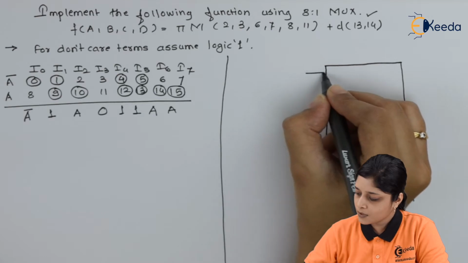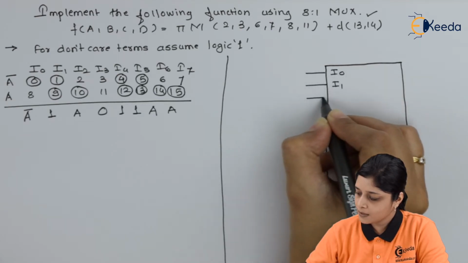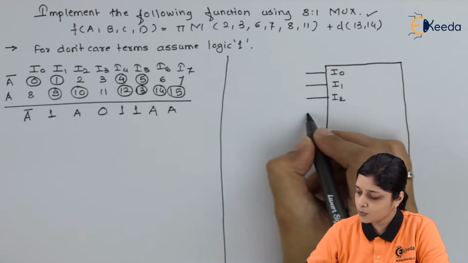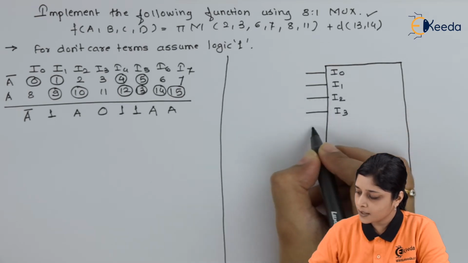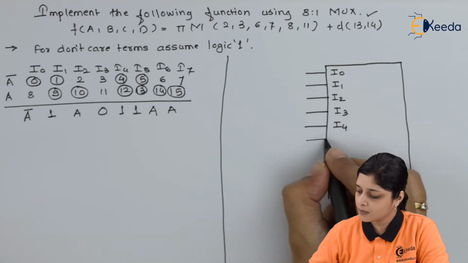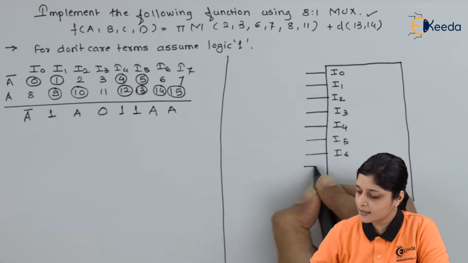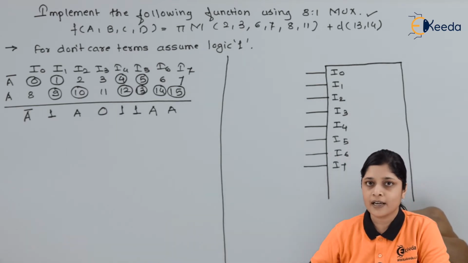So this gives I0, I1, I2, I3, I4, I5, I6 and I7.